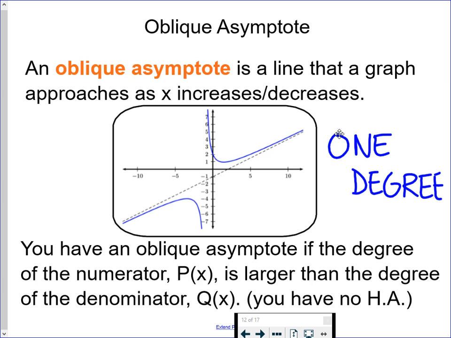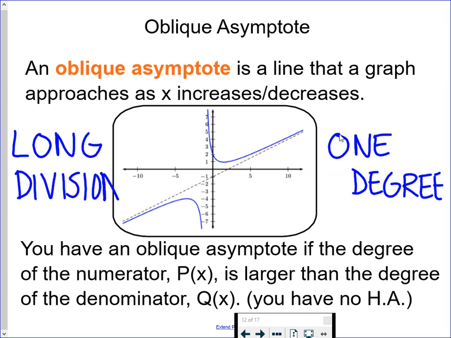Okay? So why would I say that when you get no, way, top can't win, you're also going to be like, no. Okay? How you find the oblique asymptote is long division.